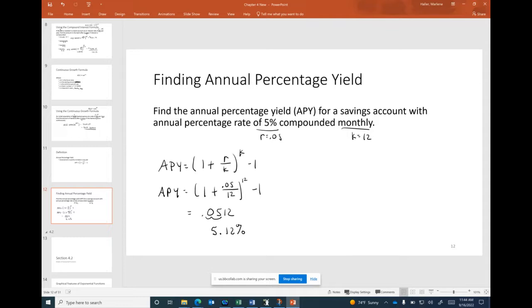So lenders will always publish annual interest rates that are lower than what you're actually paying. You might see a car loan advertised with a 5% interest rate, but depending how often they compound it, and they probably do monthly, the actual rate will be 5.12%. It's just a little bit higher.